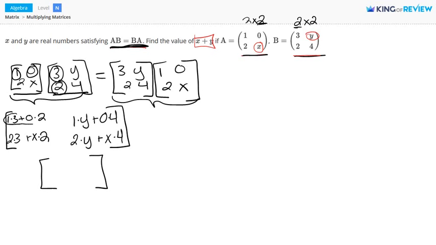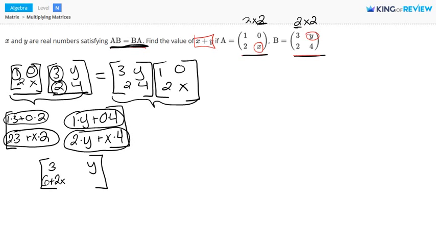The first entry, 1 times 3 plus 0 times 2, gives us 3. 2 times 3 plus x times 2 gives us 6 plus 2x. 1 times y plus 0 times 4 gives us y. And the last entry, 2 times y plus x times 4, gives us 2y plus 4x.